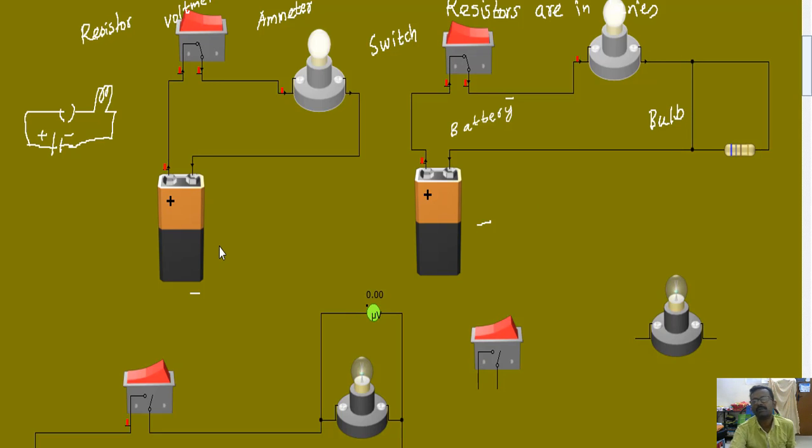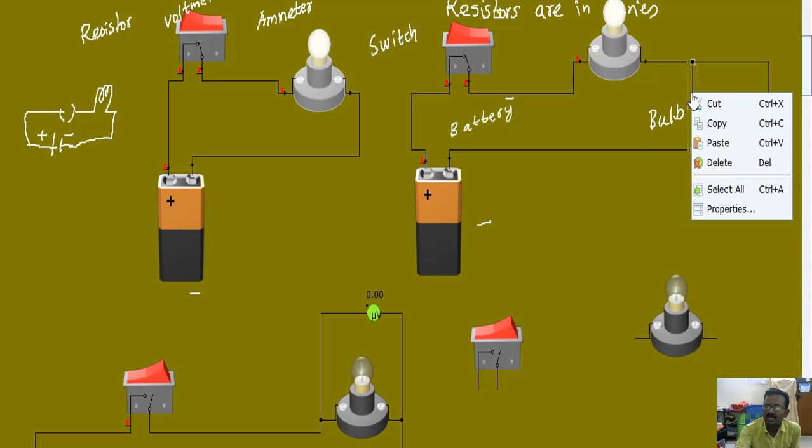See, now the bulb is glowing. The current is going through the switch and this bulb, not through the resistor. It bypasses the resistor and reaches the negative terminal of the battery.